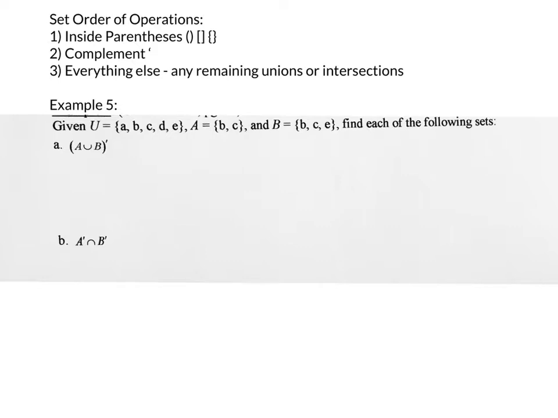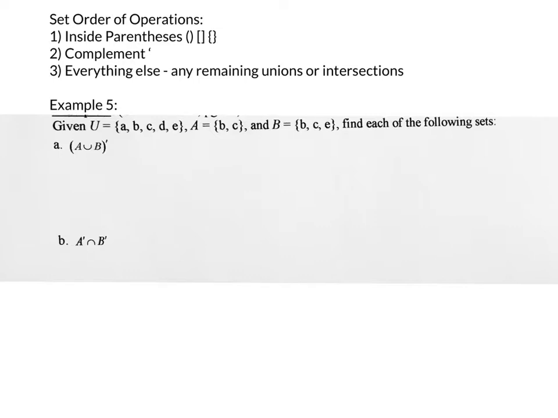So example 5, given that U equals, so that's the universal set, the universal set is the set with little a, b, c, d, e in it. Set A has little b, c in it, and set B has little b, c, e in it. We want to find each of the following sets.